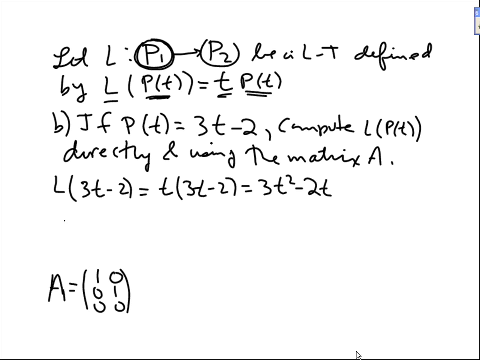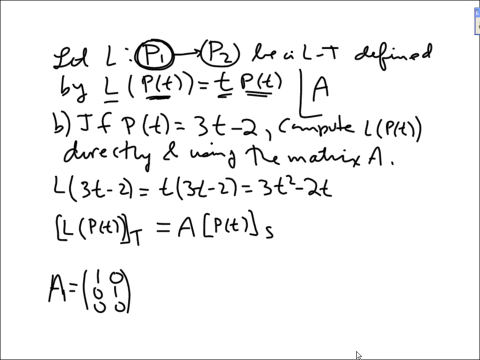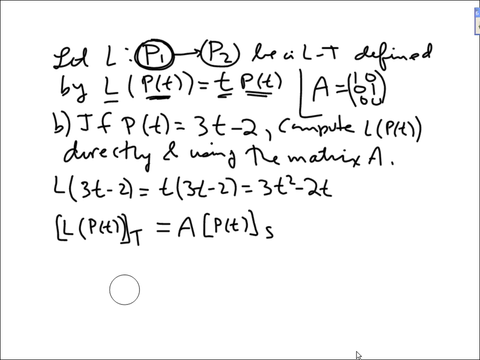Now, we know that the coordinates of L of P of T with respect to T is equal to A times the coordinates of P of T with respect to the basis S. That is what we know. And up here, I'm going to write the matrix because I need to erase it on the bottom. We know that this statement is true.